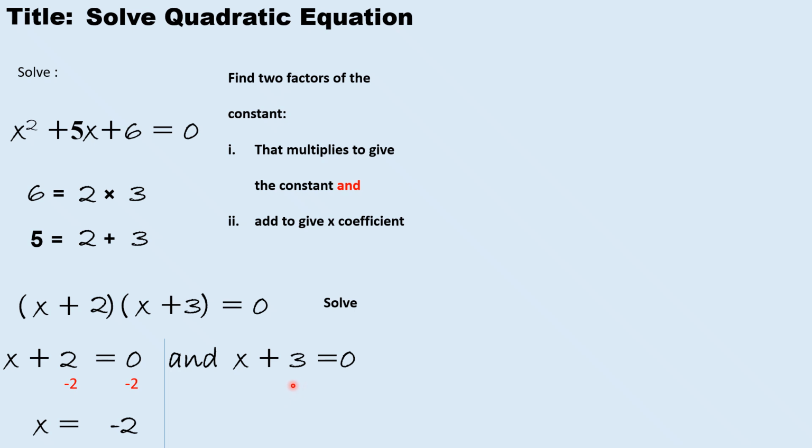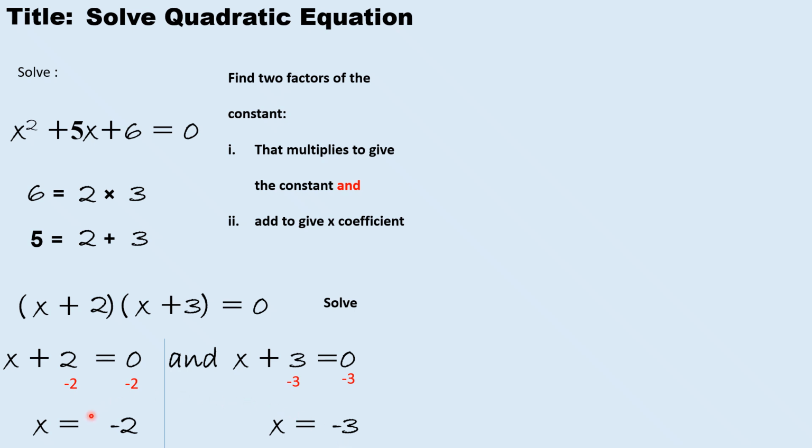Therefore, we minus 3 from the left hand side of the equation and minus 3 from the right hand side of the equation. Hence, x is now equal to minus 3. So these are our solutions: x equals minus 2 and x equals minus 3.